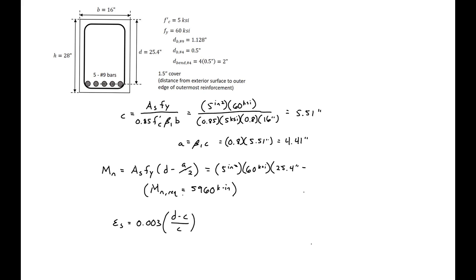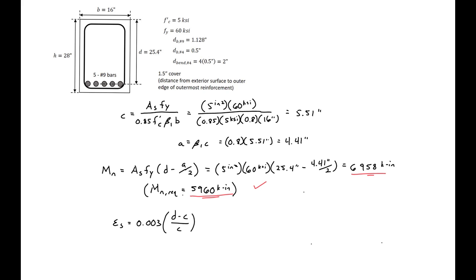Minus our A, 4.41, divided by 2, which will give us our MN equal to 6,958 kip inches. We can compare that to our MN required and see that it's significantly greater, so we know we're okay. Our design is strong enough now.